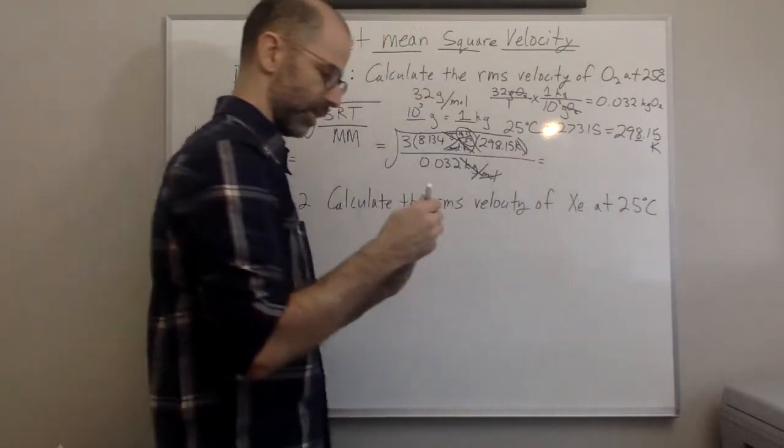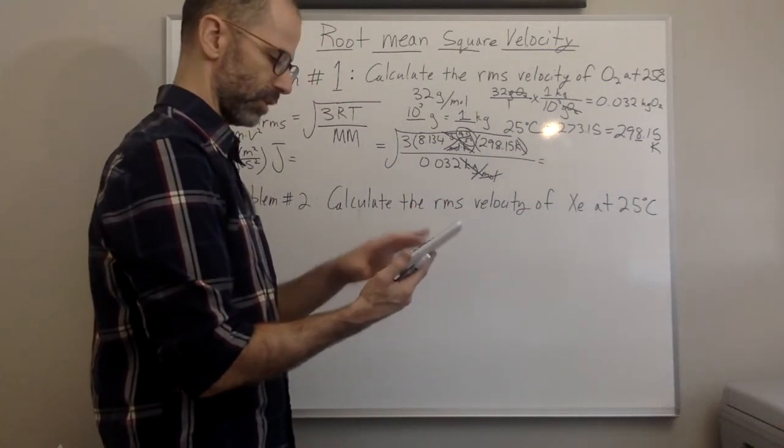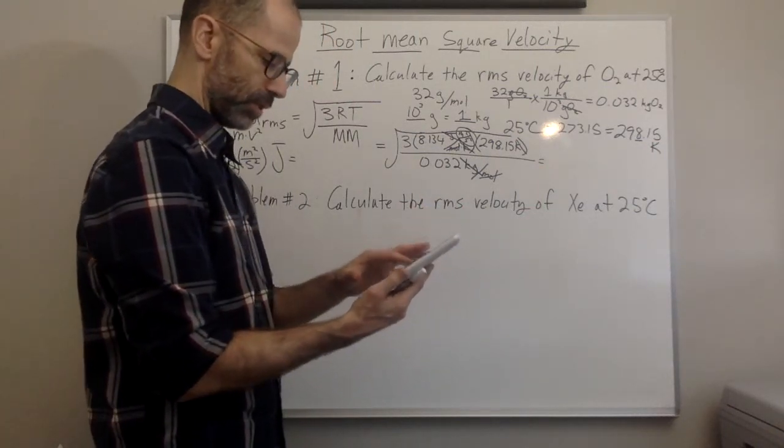Okay, so I need to take the square root of this. I'll just take the square root first, and that way I save board space.